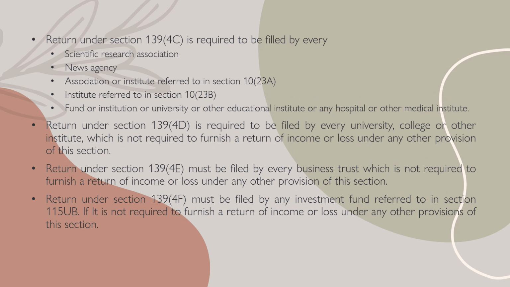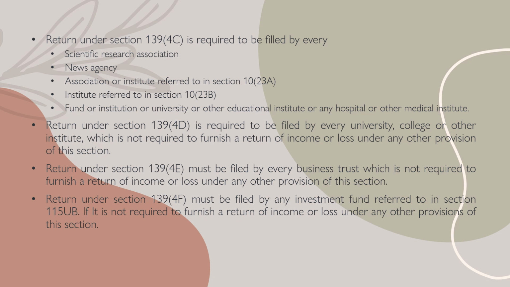Return under section 139(4)(c) is required to be filed by every scientific research association, news agencies, association or institute referred to in section 10(23A), institution referred to in section 10(23B), funds or institutions or university or other educational institution or any hospital or other medical institution.